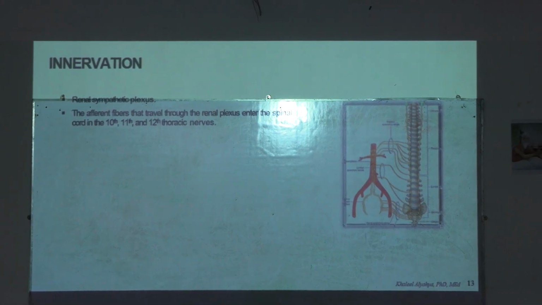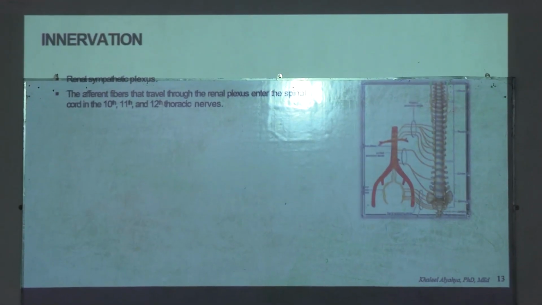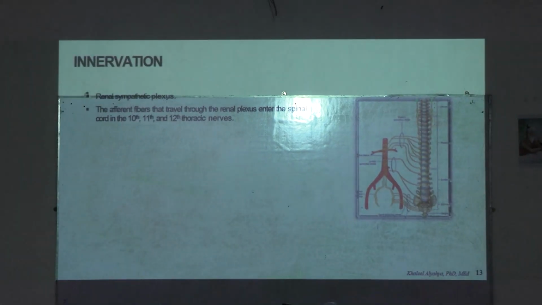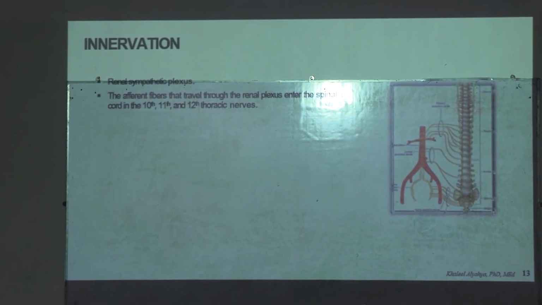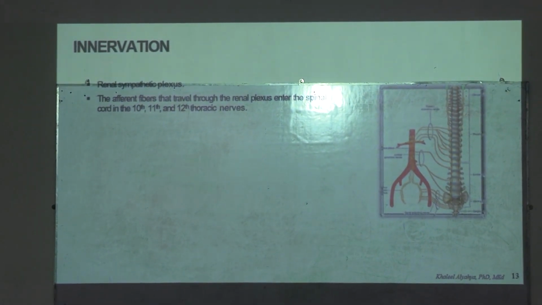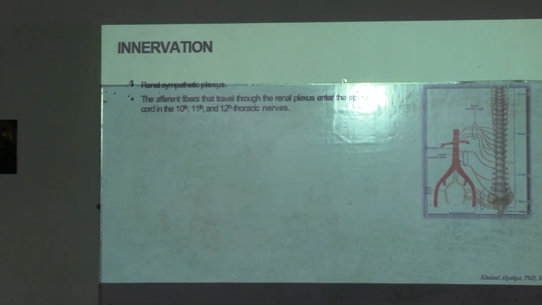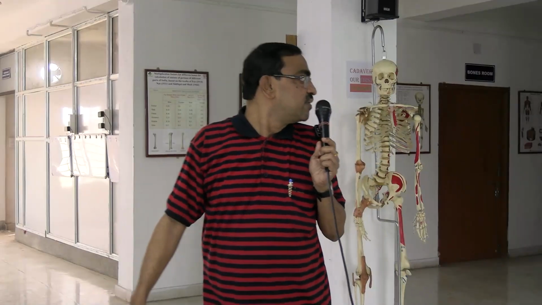Within the abdomen we get the celiac plexus, superior mesenteric plexus, inferior mesenteric plexus around the arteries, and from there they go towards the organ, that is the kidney.